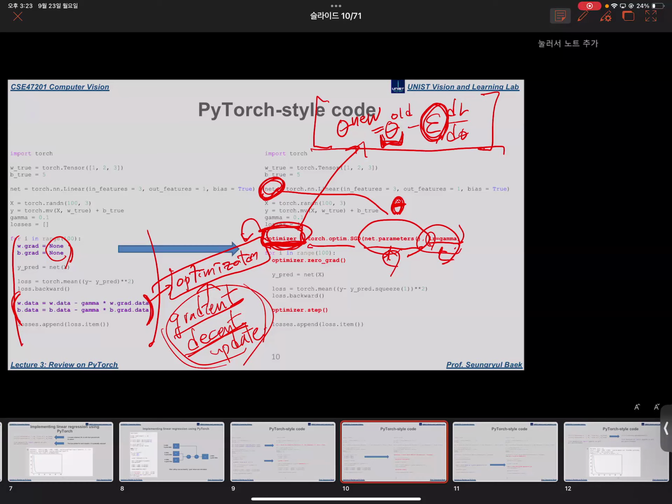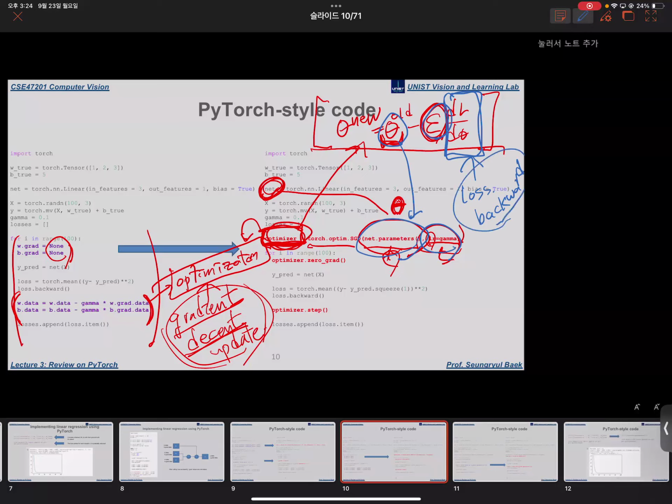Then next, the thing you have to know is this, right? This part we calculate by calling loss dot backward. And we already know this vector because we specified the vector list here.